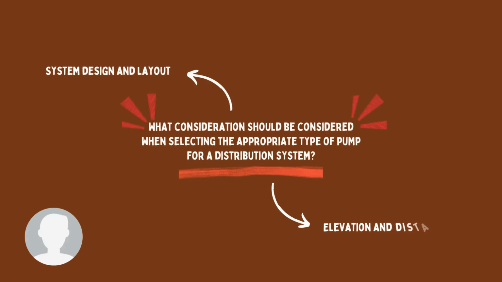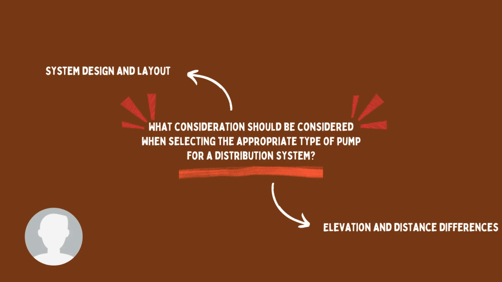What considerations should be taken when selecting the appropriate type of pump for a distribution system? Firstly, we have system design and layout. It consists of pipe diameter and length, and also pipe material and fittings. Next, elevation and distance differences.